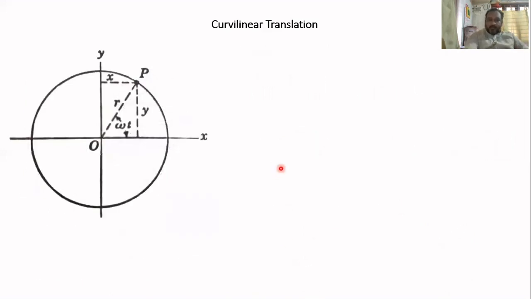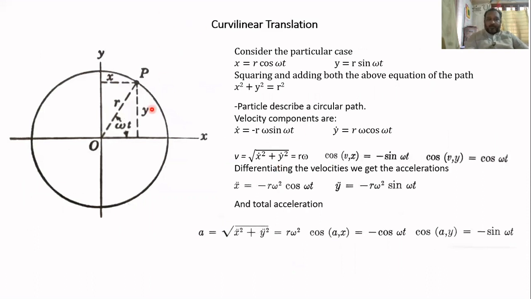This is a particular case of motion, a particular type of motion, where x is represented as a function of t as r cos omega t, and y is equal to r sin omega t.